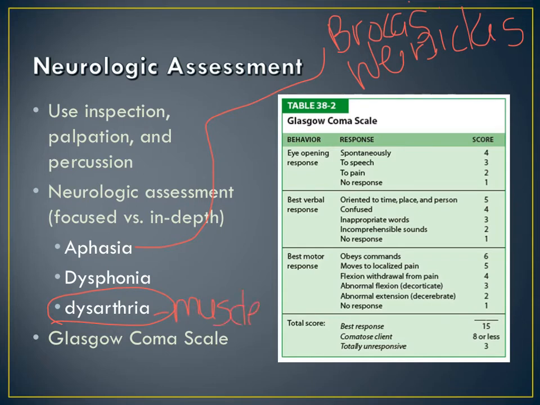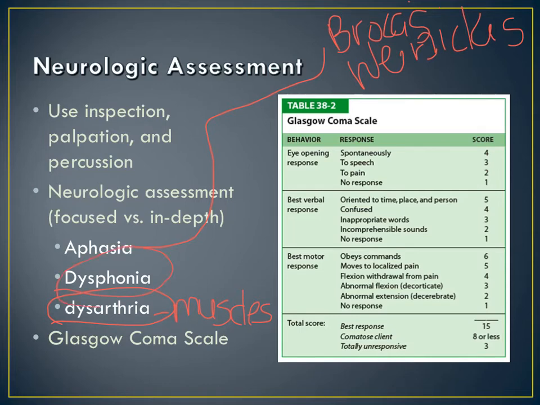So someone who has dysarthria could be somebody who has Parkinson's, muscular dystrophy, cerebral palsy, ALS, myasthenia gravis, the more chronic type of neurological issues that affect the muscles.